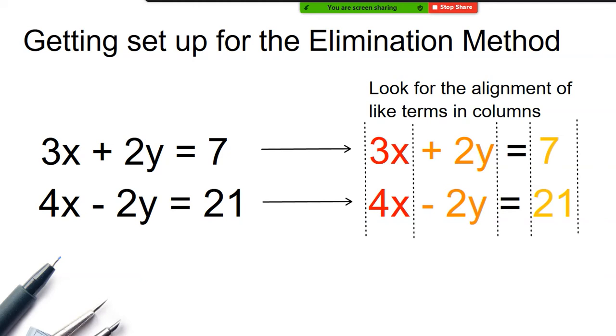Okay? And we're going to take this problem, and before we get started, we need to make sure that those are in alignment. Notice that my x's are together, my y's are together, my equal signs are together, and my constants are together.